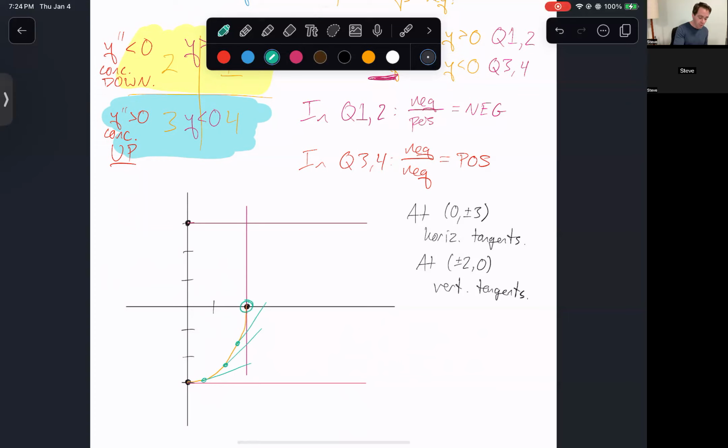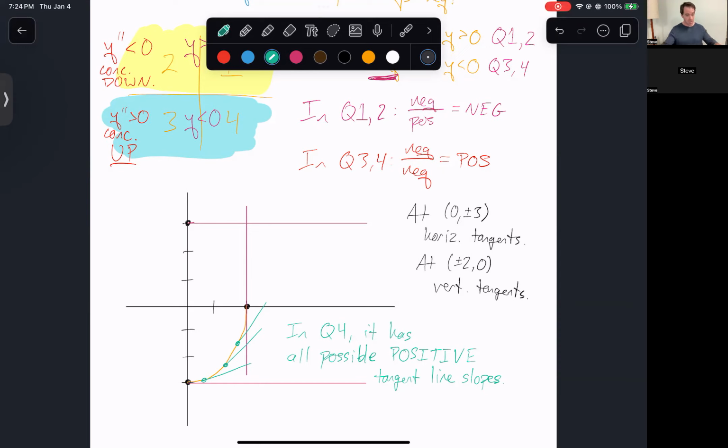We wanted to show that in quadrants 4 and 1, it had all possible tangent line slopes, period. In quadrant 4, it has all possible positive tangent line slopes.